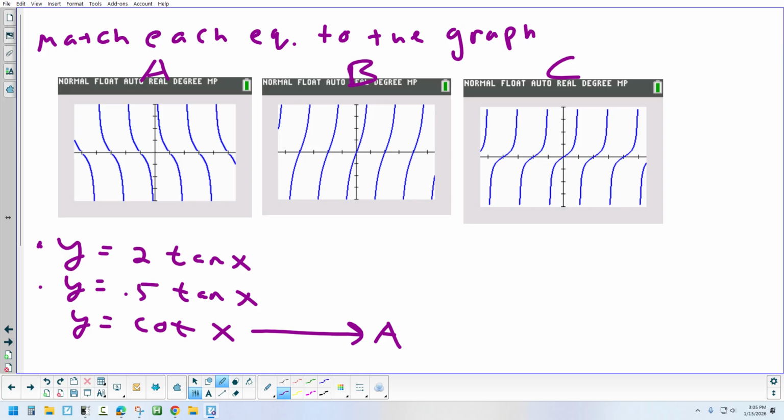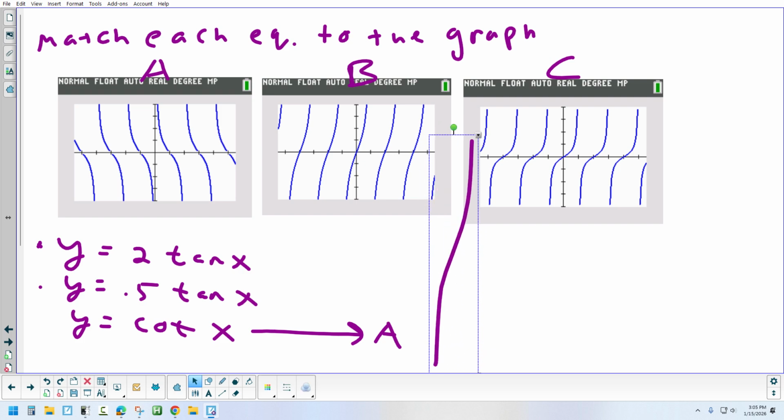Because if you have a graph and you stretch it vertically, what starts to happen to it is the curve doesn't go away, but it starts to smooth out. So the more stretching you do, the less the curve you see.